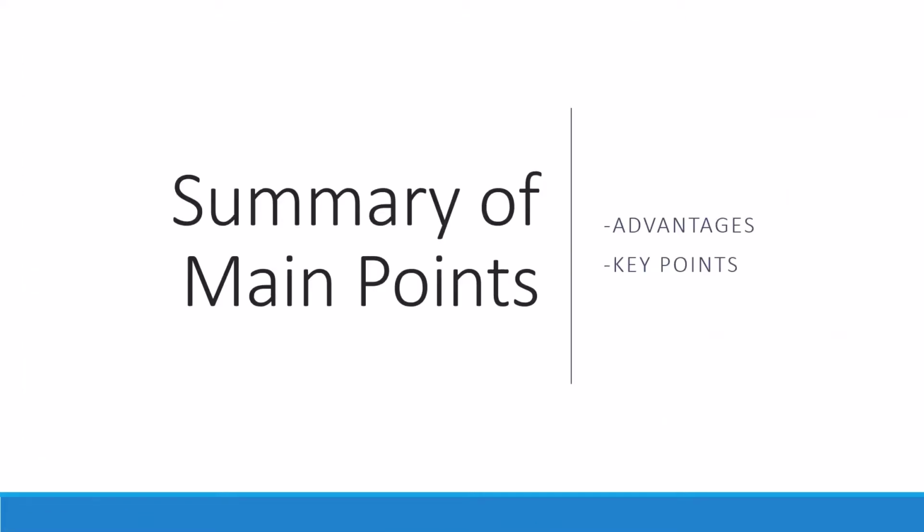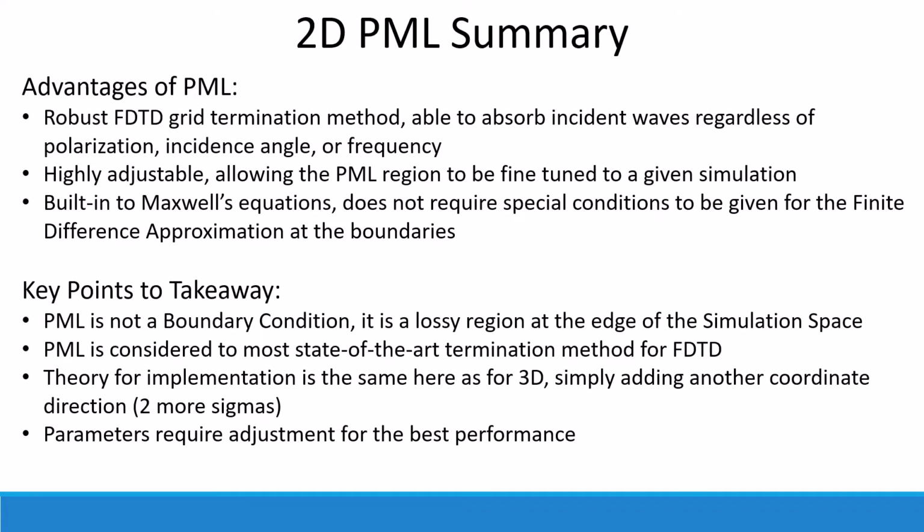And then to summarize what we've talked about in the video today, the main advantages of PML are it's a very robust FDTD grid termination method, and it works with lots of incident waves, including various polarizations, incidence angles, and frequencies. However, there are some exceptions.